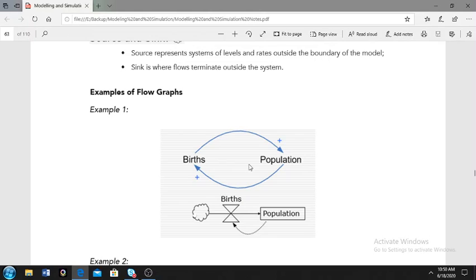Population is a stock because population accumulates. But the population accumulates because of birth. So birth is a flow, and population is a stock. This is why this is represented as a flow, and this one as a stock.